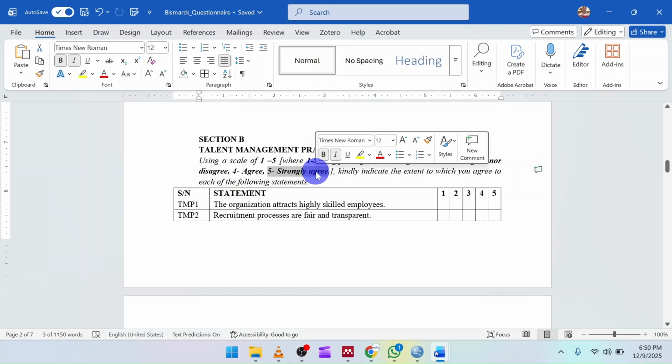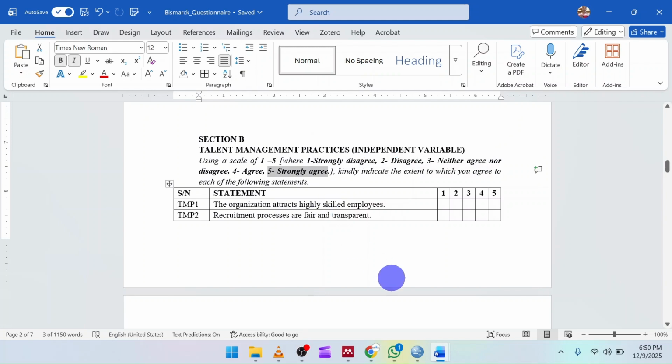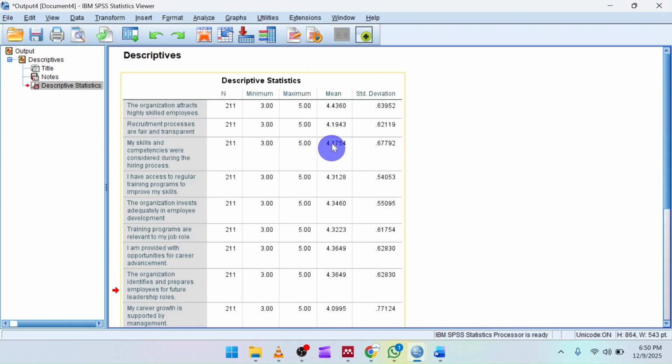Okay, now in doing this explanation, we consider the mean values and the standard deviation, where we indicate at what point the respondents agree or disagree to the statements.